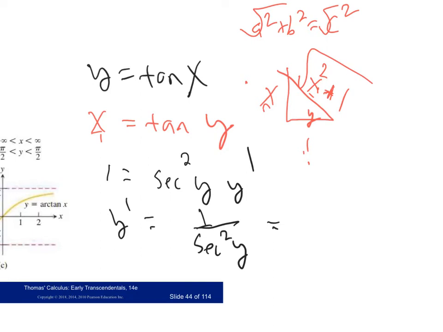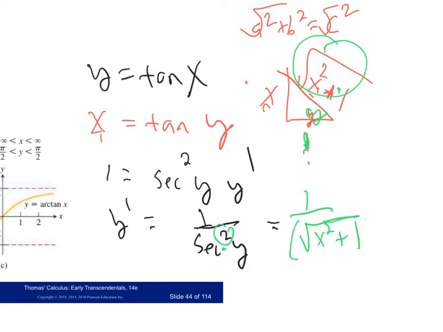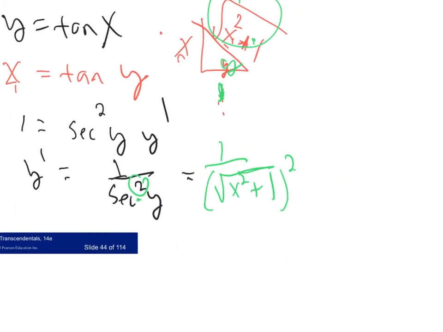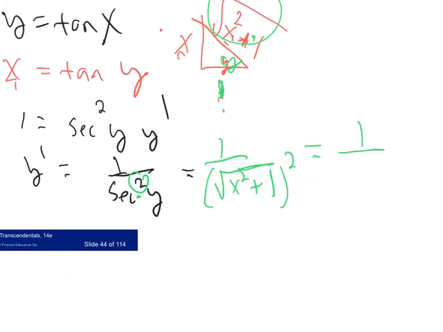Cosine of this angle would be adjacent over hypotenuse, and secant will be the reverse: hypotenuse over adjacent, square root of x squared plus 1. But I have to square it. So the arctangent derivative turns out to be 1 over x squared plus 1.